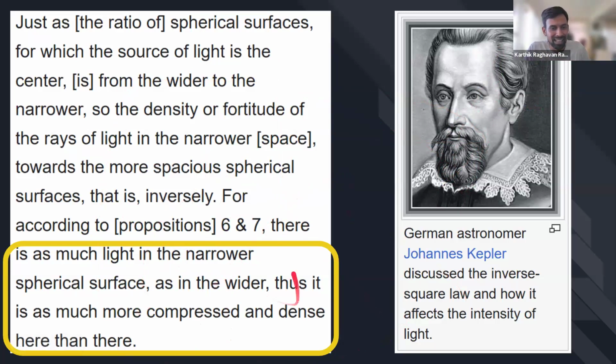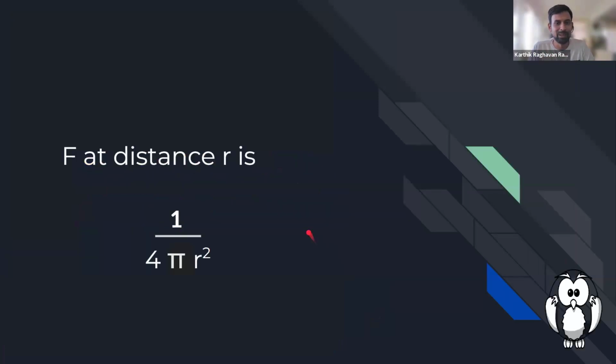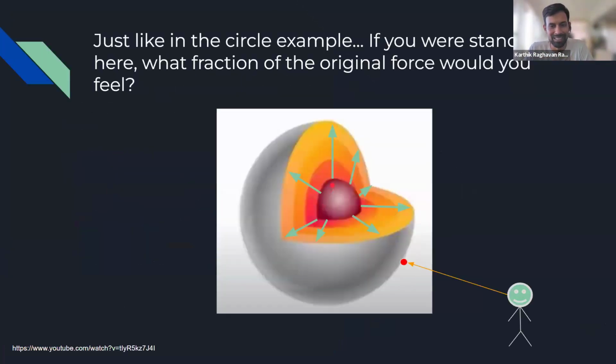Notice this. I think Kepler has described this much more beautifully than any of us can. What he's saying is there is as much light in the smaller sphere as it is in the wider. So the smaller sphere is more dense and compressed than the larger sphere. So let me show you the picture, right?